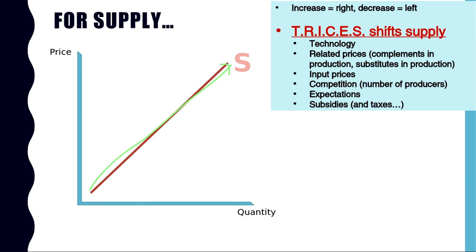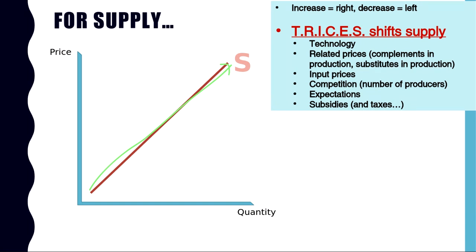If I am a car manufacturer and I can install a robot instead of having a worker on an assembly line, that's cheaper for me. I mean, robots don't get sick. They don't have kids who break a leg and need you to go get them from school. They don't have all those kind of things. So technology increases will tend to increase supply.